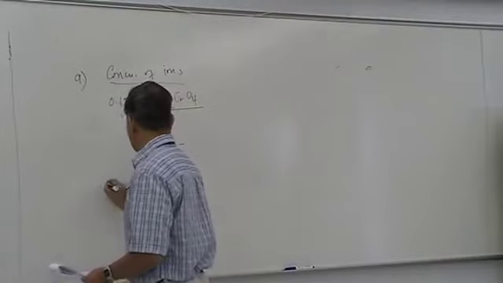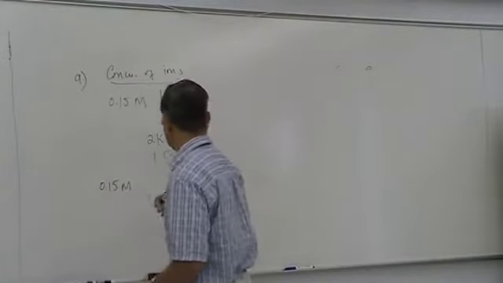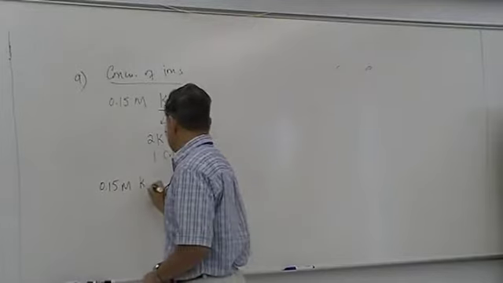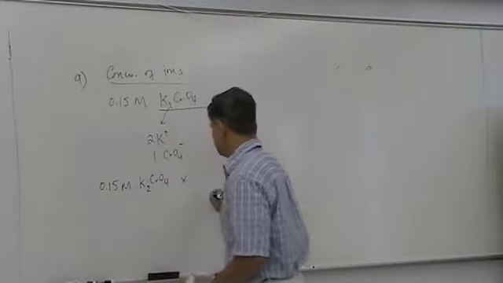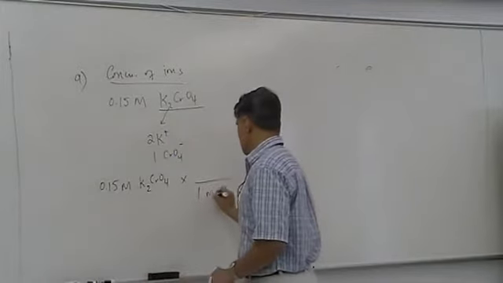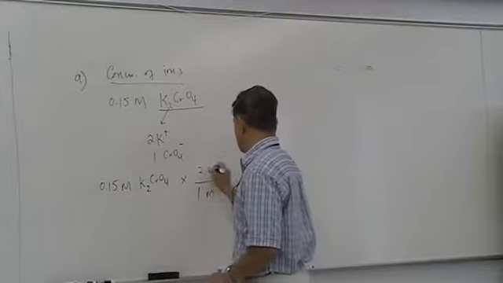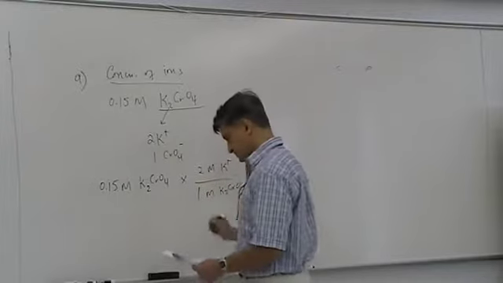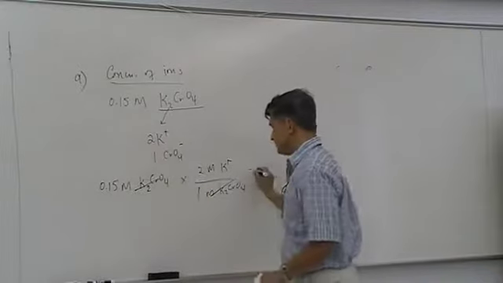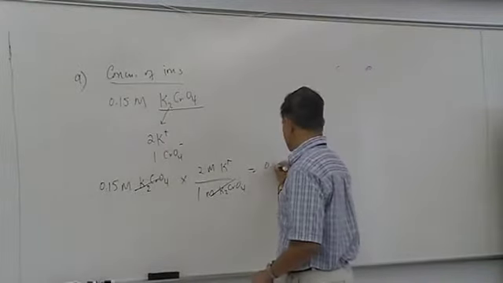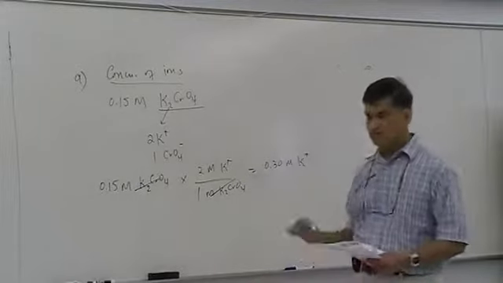So you'd have 0.15 molar K2CrO4, if you want to show dimensional analysis, times 1 molar K2CrO4 would have 2 molar of K plus. And that would be 0.30 molar K plus. So this would be straightforward.